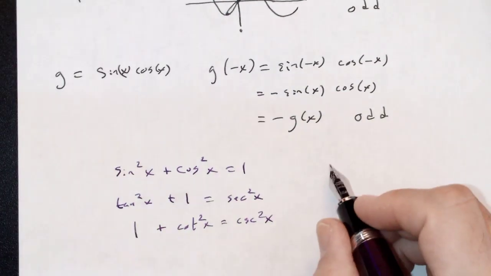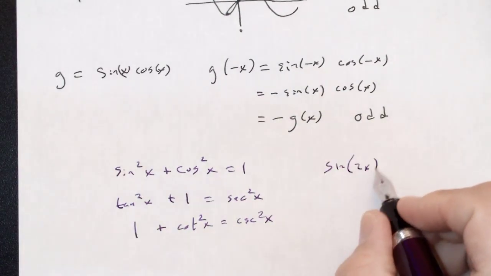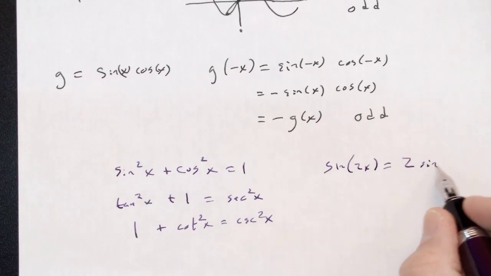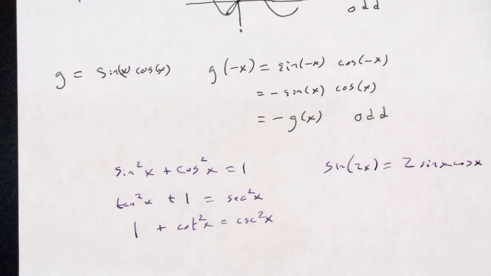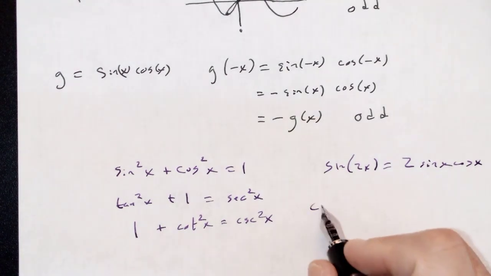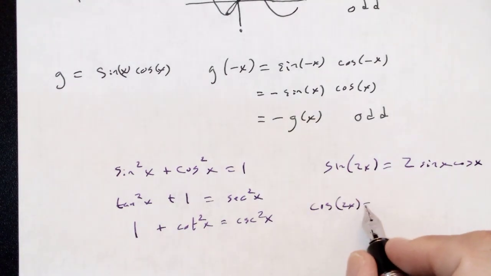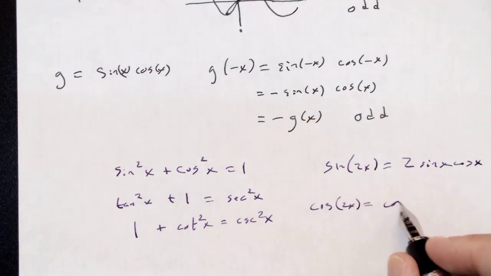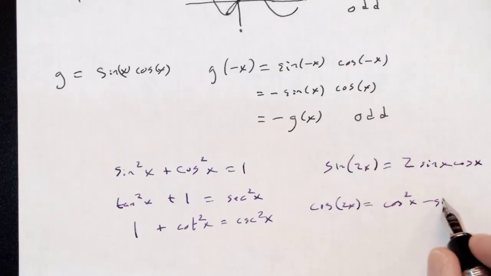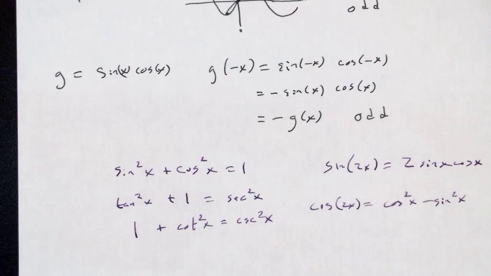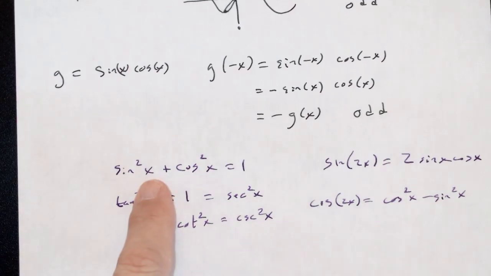I remember sine of 2x is 2 sine x cosine x. And I remember that cosine of 2x is cosine squared x minus sine squared x. There are 2 other versions of that as well, but you can build those using Pythagoras.